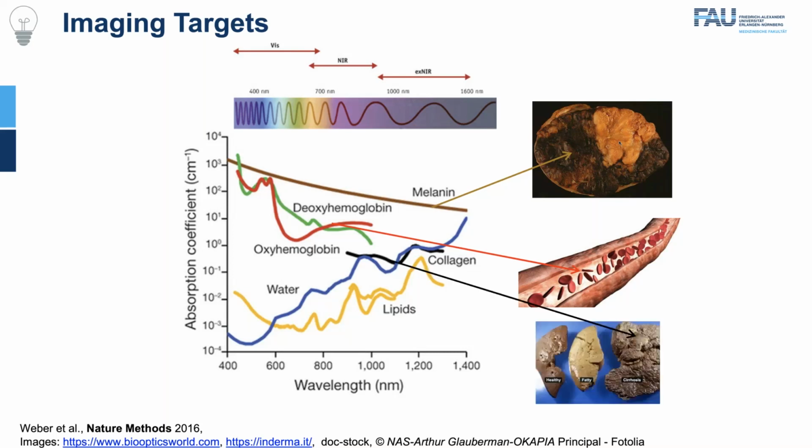They also have unique absorption properties, and they could potentially be separated in an imaging modality which covers the near infrared and also the extended near infrared range of light. And this is totally doable by the MSOT system at the moment.